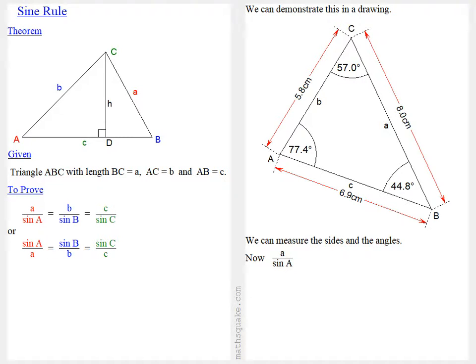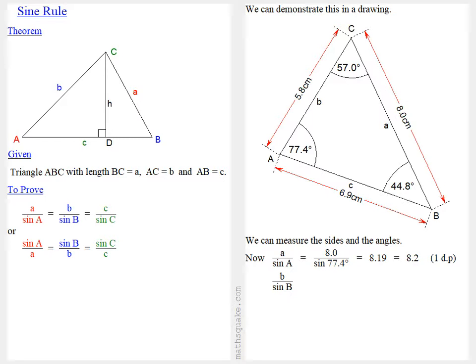Now, if we write down a over sine A, that will be 8.0 over the sine of 77.4, which is equal to 8.19, or rounding it off to one decimal place, 8.2.